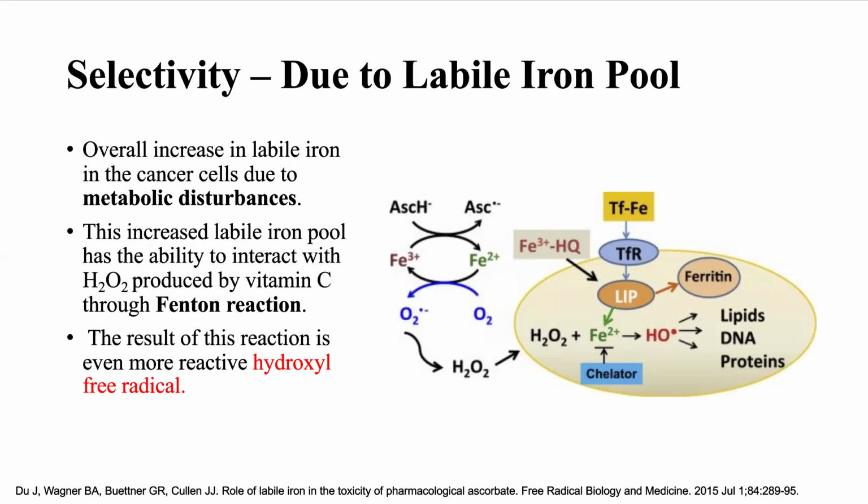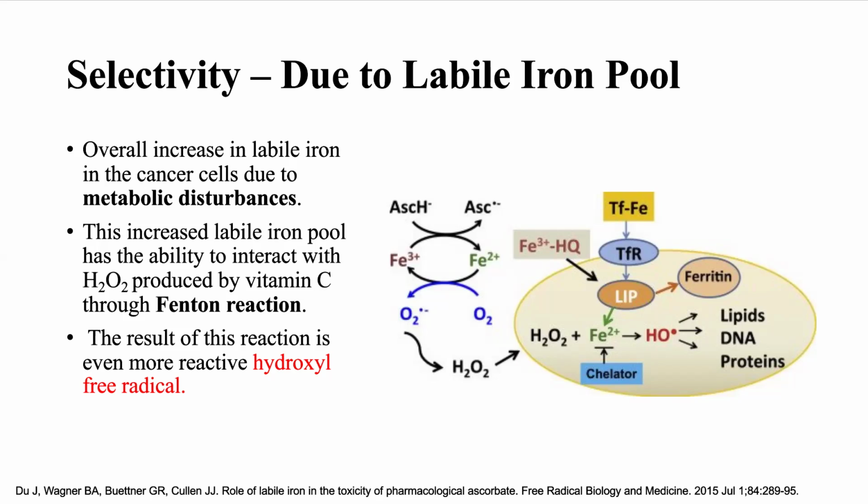So the general concept is that the labile iron pool is higher in cancer cells because of metabolic disturbances, because cancer cells are dividing rapidly. They do not have fully functional organelles, and they have increased labile iron.